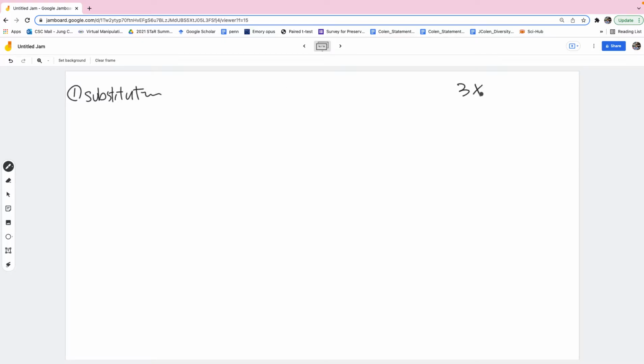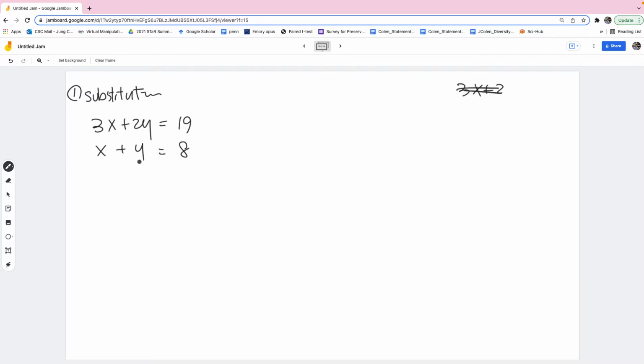So our equations are 3x plus 2y is equal to 19 and x plus y is equal to 8. Substitution, literally we are substituting something with another. So in this case, we can put this as x equals something easily or y equals something easily because both coefficients for x and y are 1.